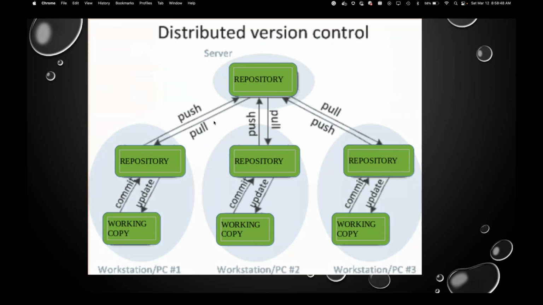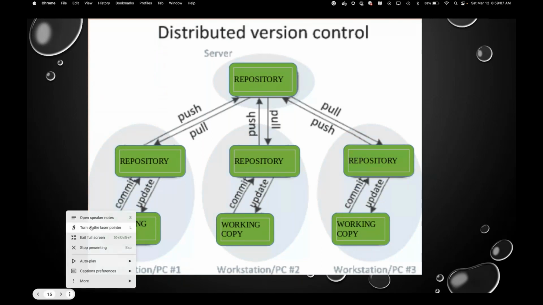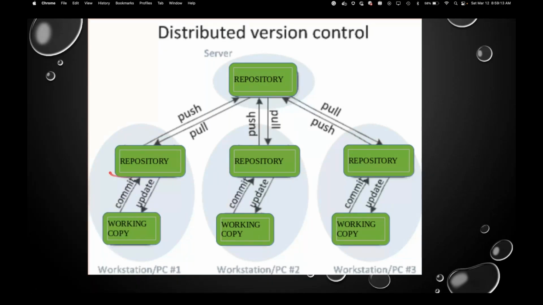So if you see there, inside a server, I have a remote repository in the distributed version control system, and a developer one or workstation one or a PC one. So when developer one clones the code from the remote repository to his local machine, that means a working copy.